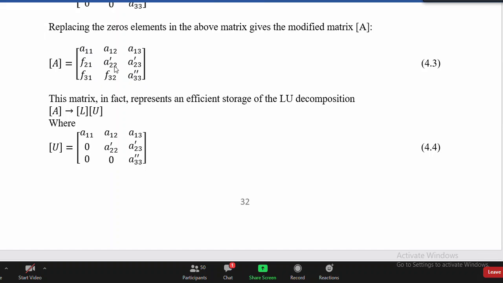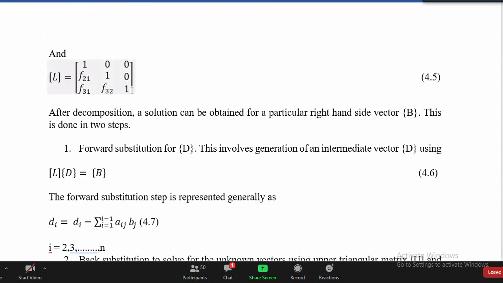Then along the diagonal, we put 1, 1, 1. F21 is where we eliminated A21, F31 where we eliminated A31, and F32 where we eliminated X2, where here was A32 prime.